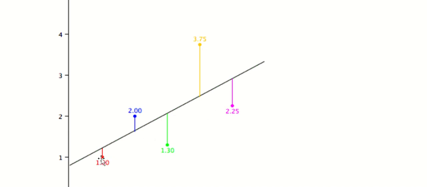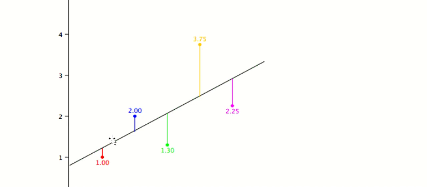Maybe this is the actual value 1, the actual value 2, the actual value 1.3, the actual value 3.75, and so on. So the deviation from this predicted line is called standard error, right? Because it may not always happen that whatever we predict will come true.